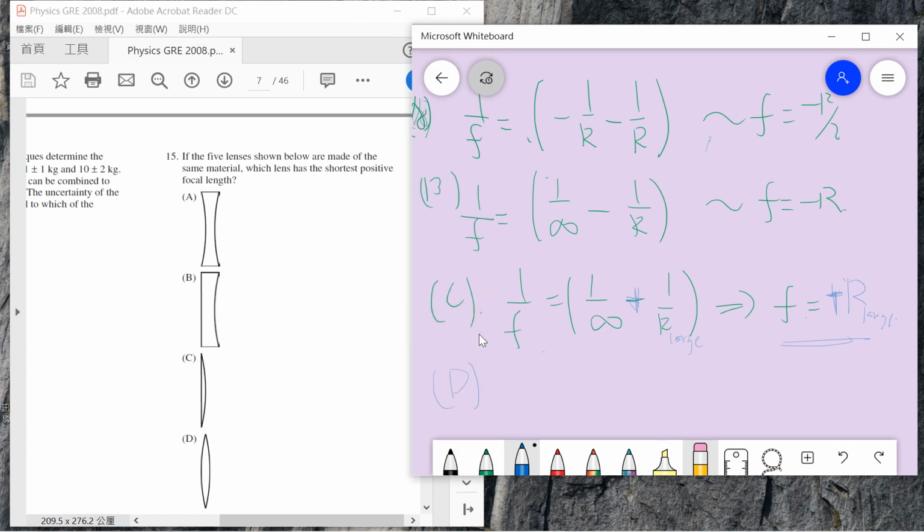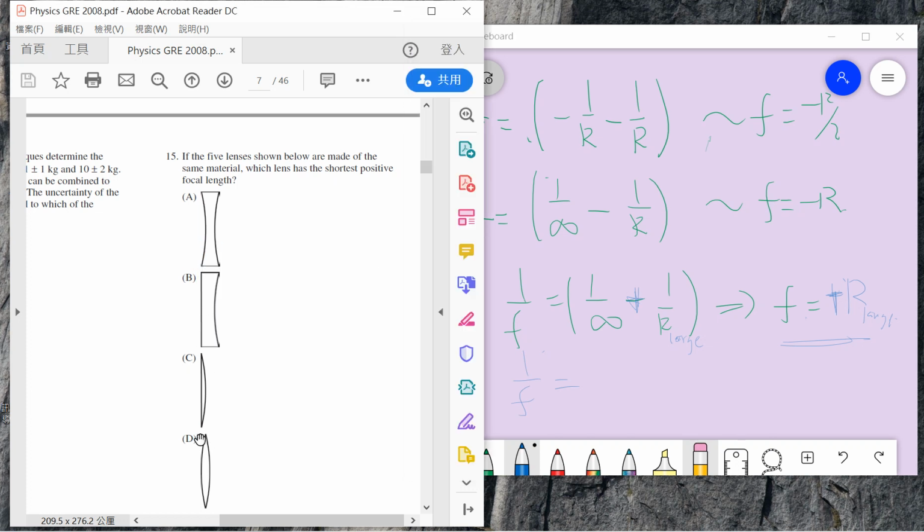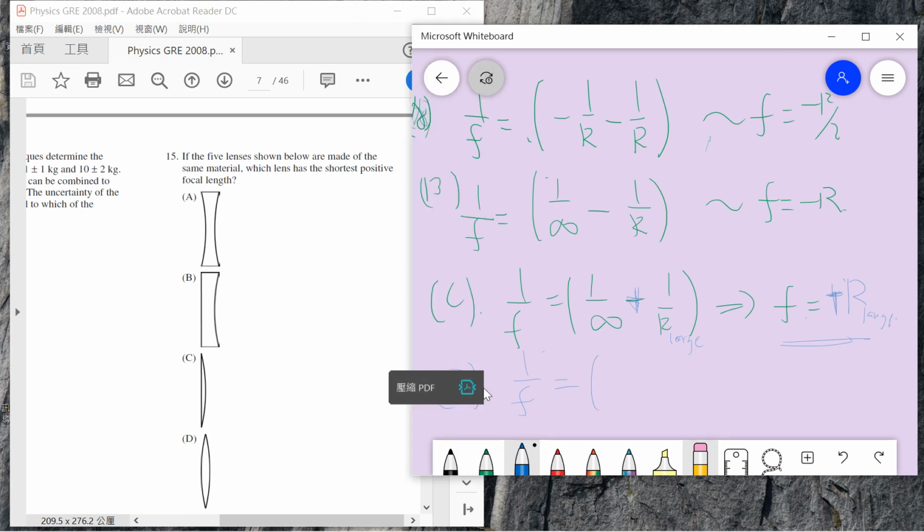And the D, which is basically the reverse of the first one. So basically the first one, which is positive, minus this one is negative. So this f is close to R over 2.